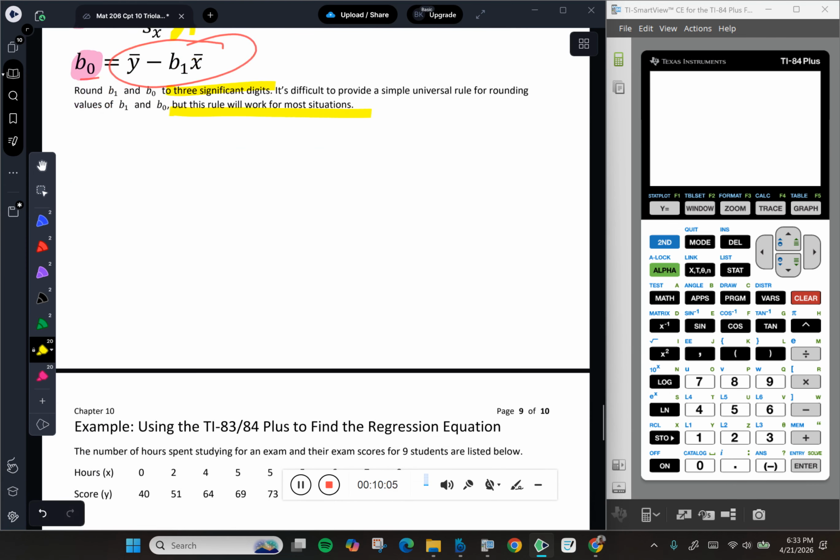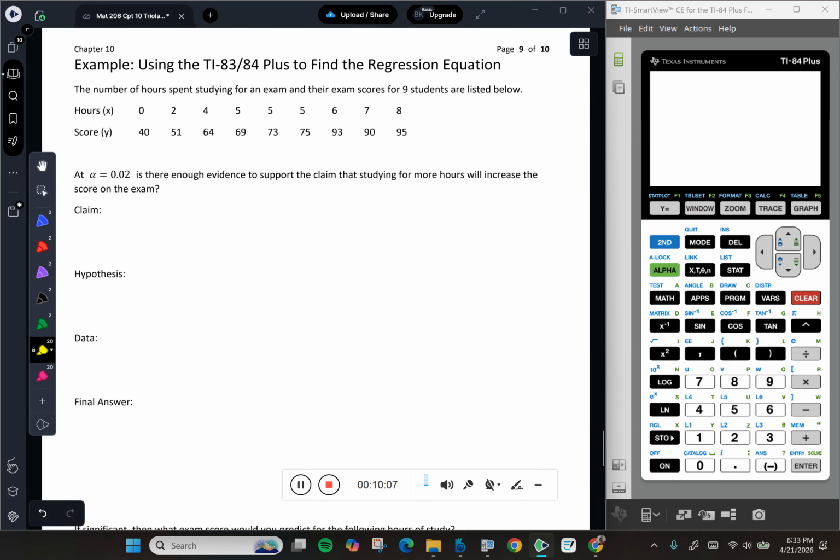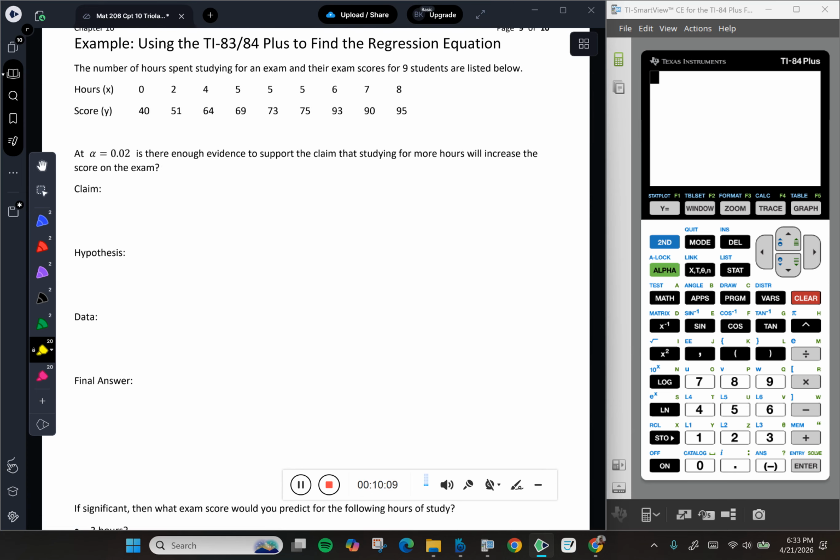All right, let's take a look at an example. Okay? Here is the data set for 9 students, and it is the number of hours they spent studying, that's x, and their exam scores, that's y. And we are going to run this test from start to finish. That is, we are going to first test to see if there is a correlation.